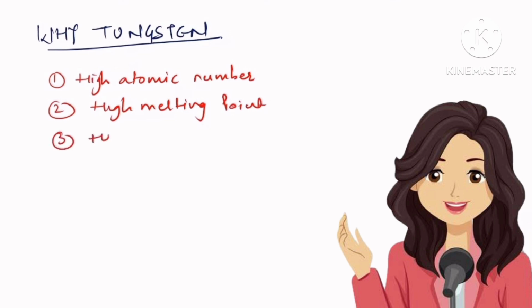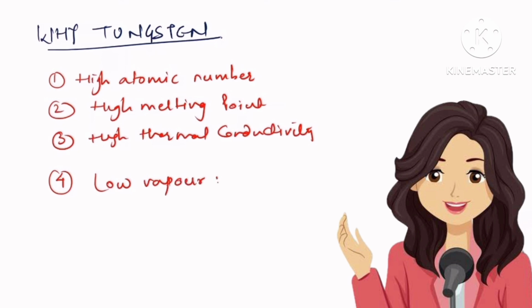Third, tungsten has high thermal conductivity. Fourth, tungsten has low vapor pressure. What is the significance of it? A high atomic number means you will get efficient X-ray production.